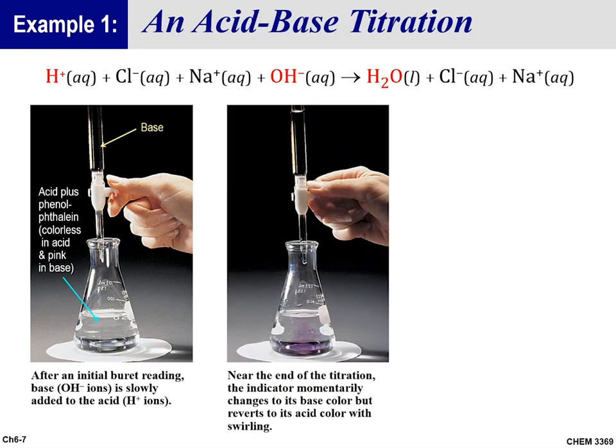When you are about half a milliliter from the endpoint, upon adding a drop of the titrant, you will see this pink color in the solution, but it will turn pink for a while and then it will go back to clear as the solution mixes.